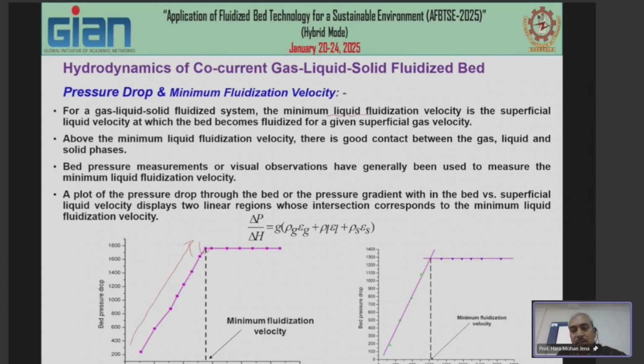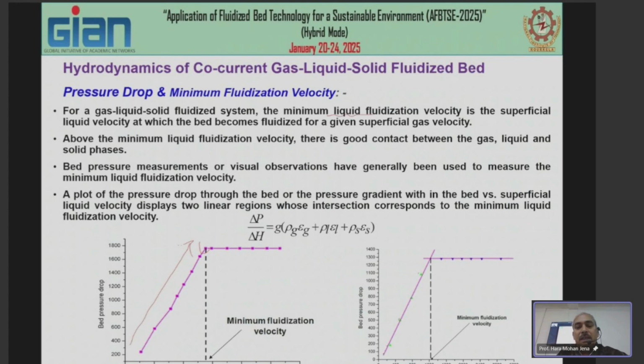But your experimental observations may be like this. If you are varying the superficial velocity and collecting bed pressure drop data, these points are there, and you do not have an experiment exactly at the minimum fluidization velocity, but you have the pressure drop values for liquid velocity higher than the minimum fluidization velocity.